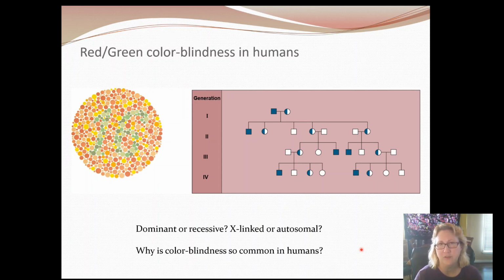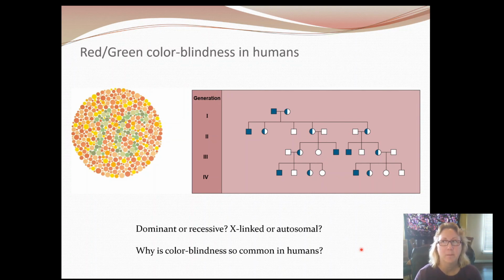One population of hunter-gatherers was found to have 10% red-green color blindness. So this is not something that has been lost recently due to civilization. So people ask then the same thing that we asked about cystic fibrosis and sickle cell.